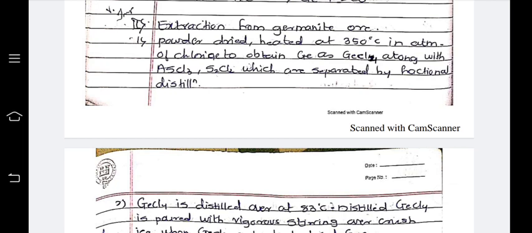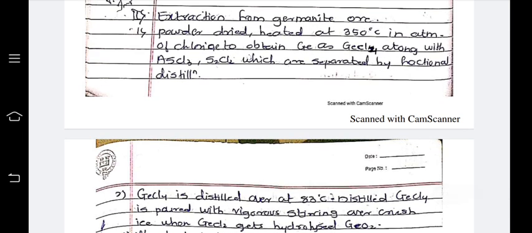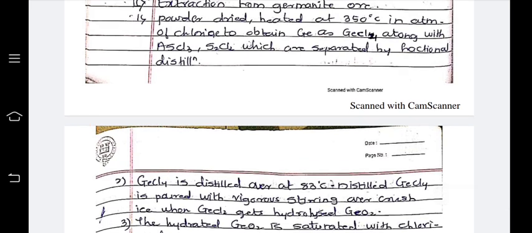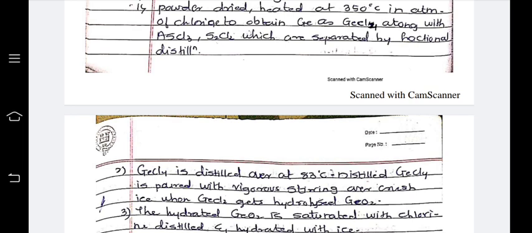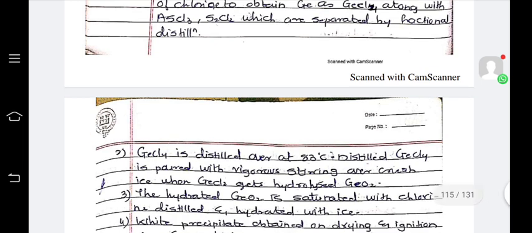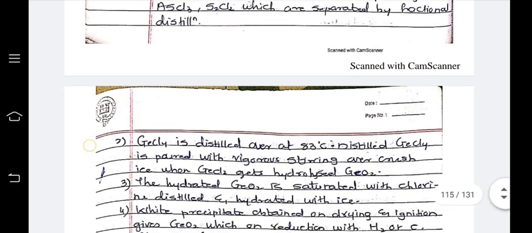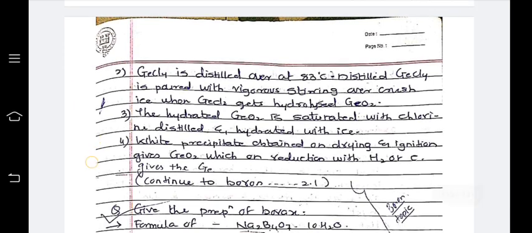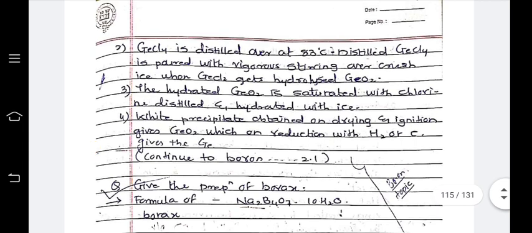Next is extraction from germanite ores. The dried powder is heated at 350 degrees centigrade in an atmosphere of chlorine to obtain germanium as GeCl4 along with AsCl3 and S2Cl2, which are separated by fractional distillation. The GeCl4 is distilled over at 83 degrees centigrade.